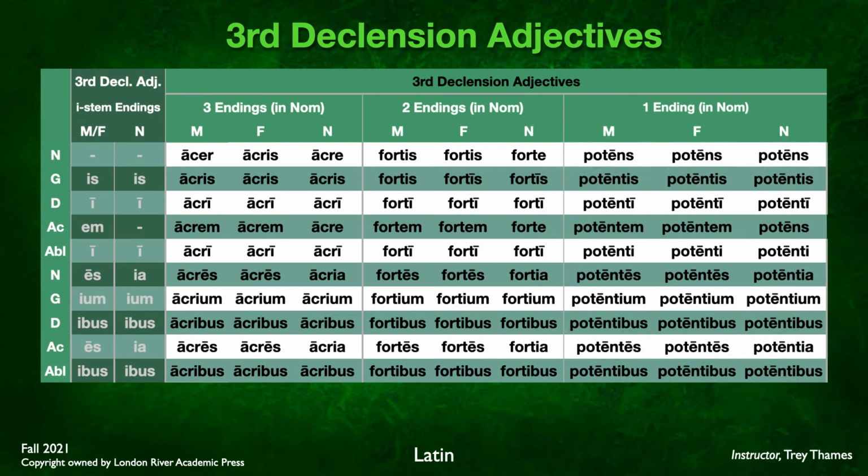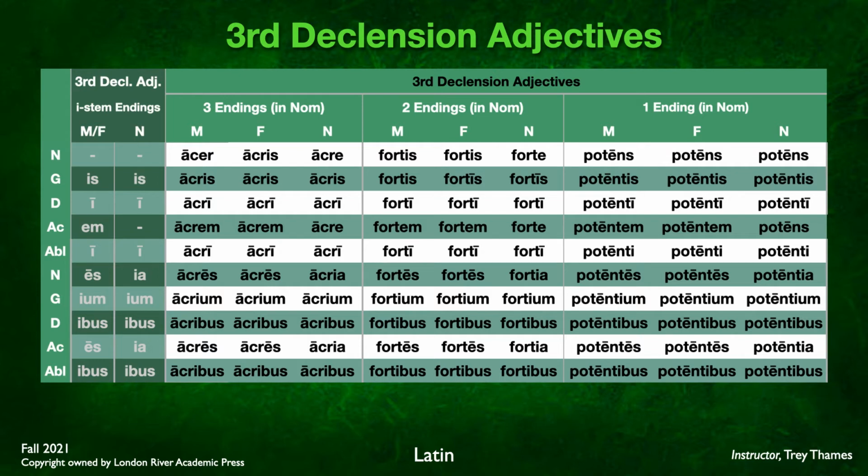Now, the last thing we want to look at is the uses of the adjectives. And actually, before we move on, I do want to remind you this. Either first or second declension adjectives or third declension adjectives, either category can be used to modify any noun, whether it was a first declension and second declension noun or a third declension noun.